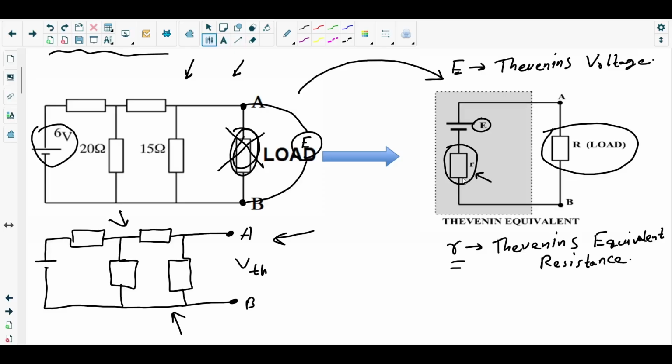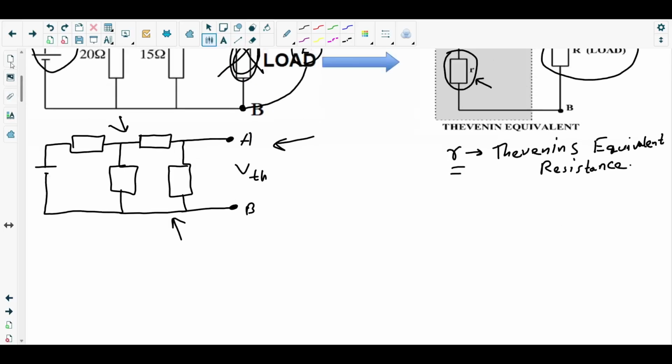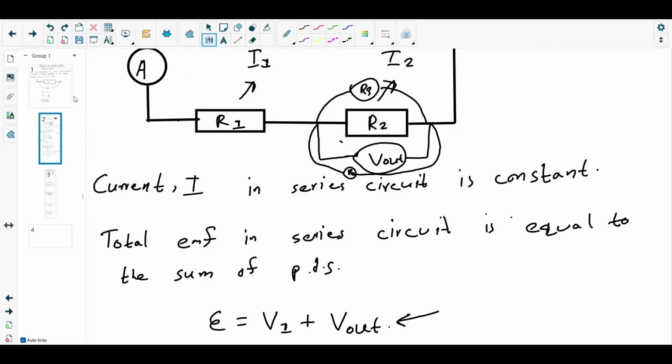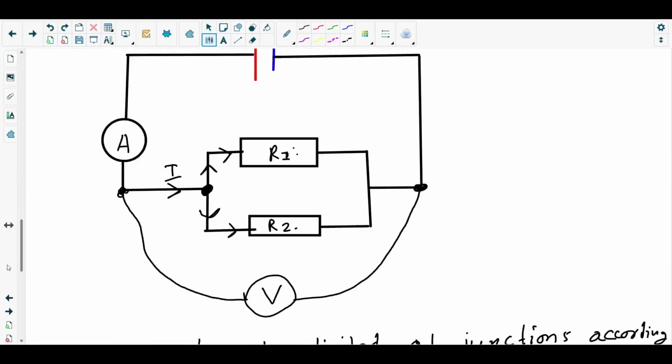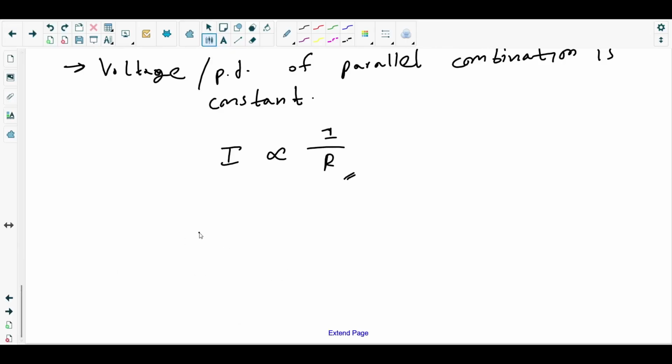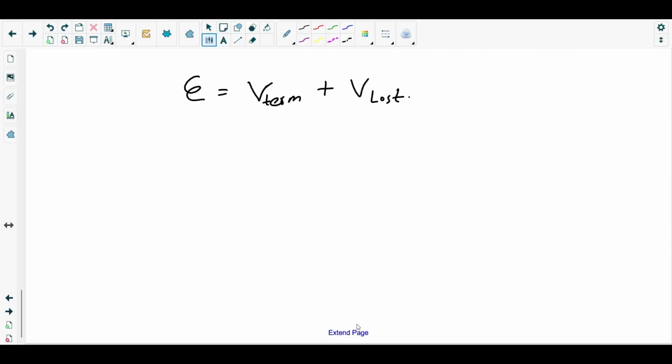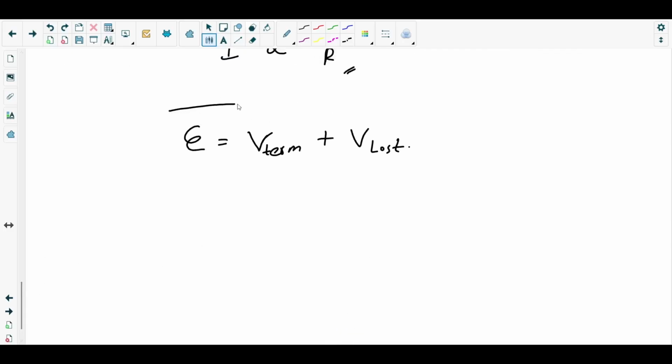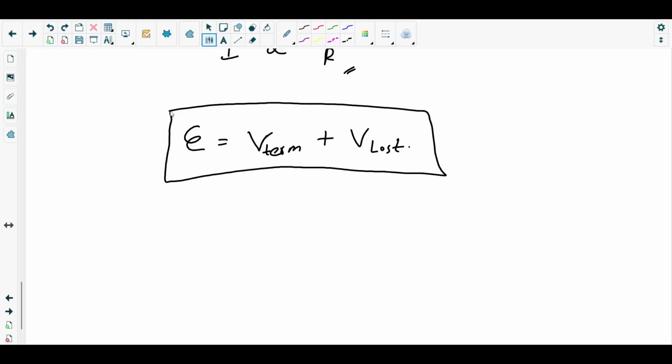So when you say terminal PD, you can relate something with electrical quantities. There's a formula that I'll show you from the Kirchhoff's law from the previous part. EMF, total EMF is equal to the sum of the PDs, V term plus V lost. Can you remember this equation from the A levels EMF and internal resistance chapter?